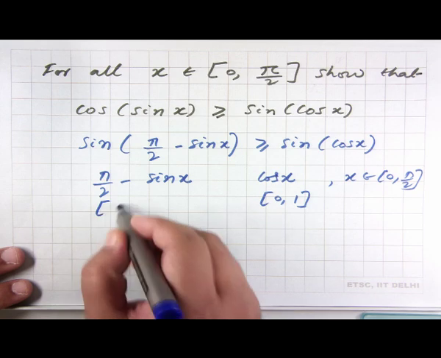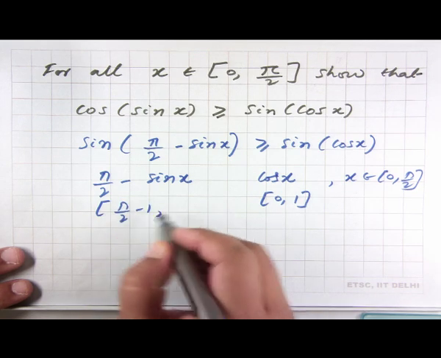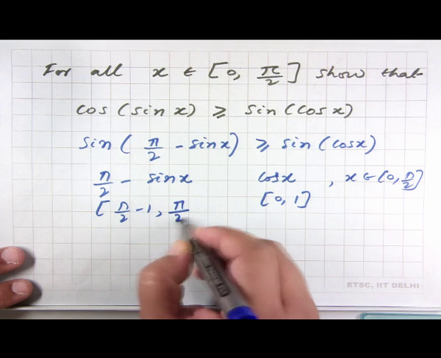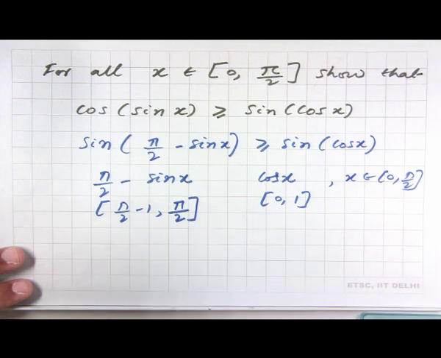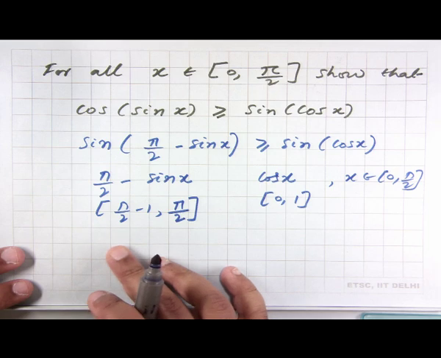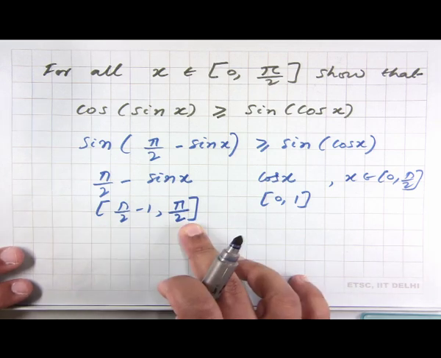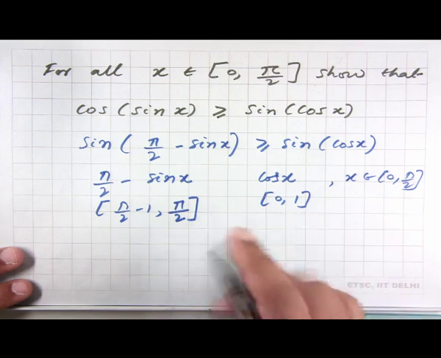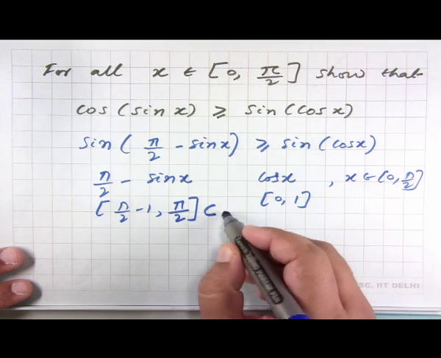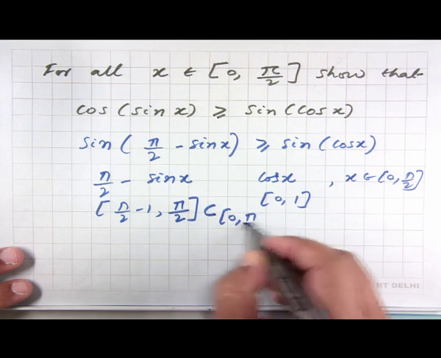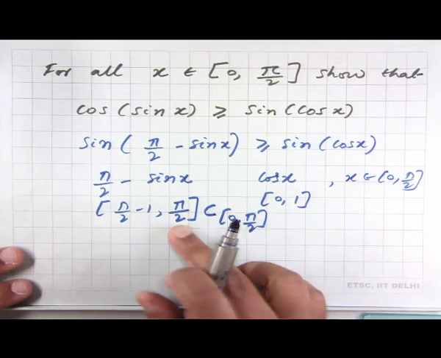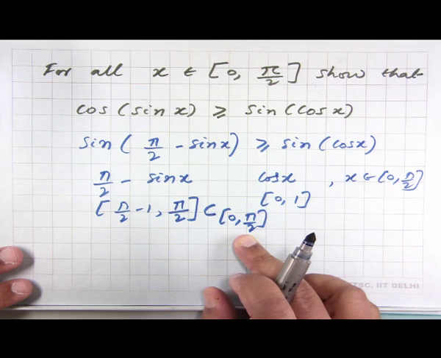So, it is going to vary between pi by 2 minus 1 to pi by 2, and we see that this interval as well as this interval, both of them are subset of the interval 0 to pi by 2. For example, this interval is a subset of 0 to pi by 2.